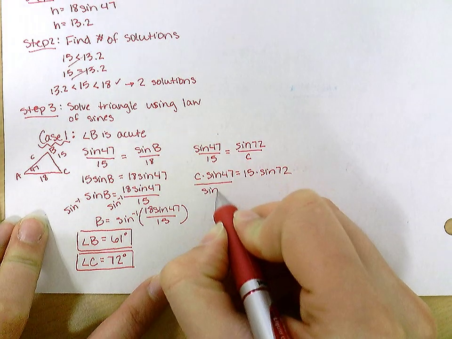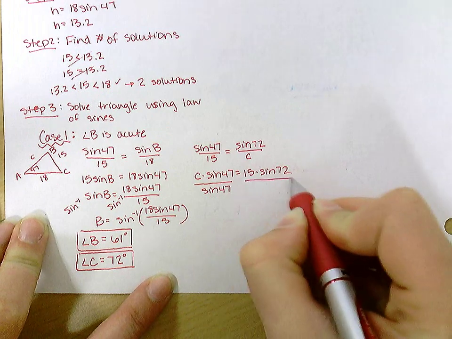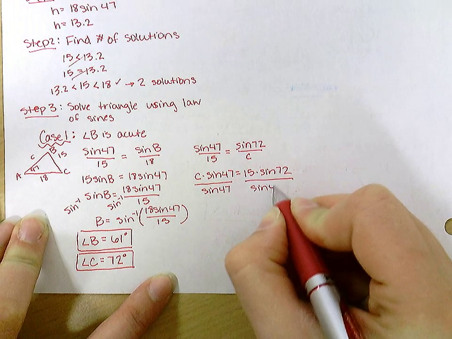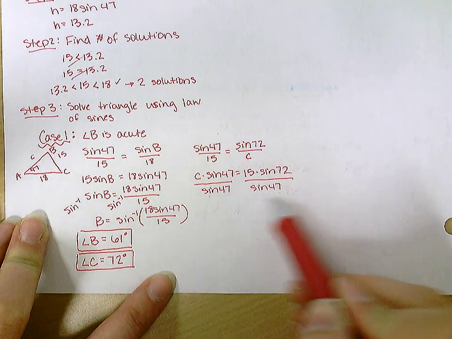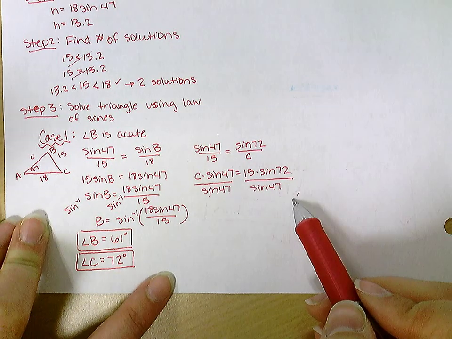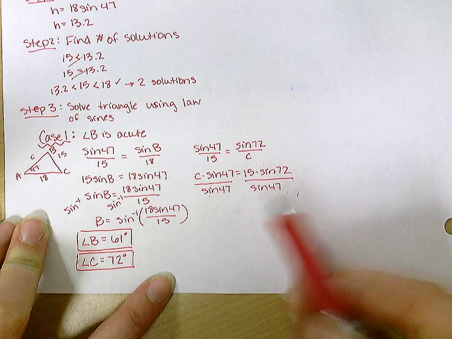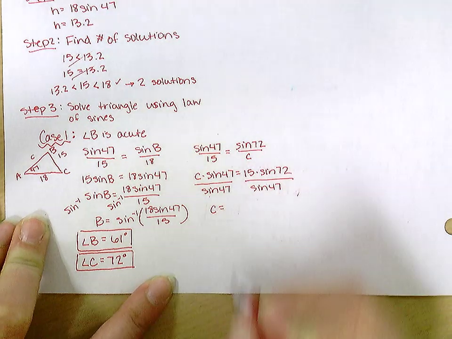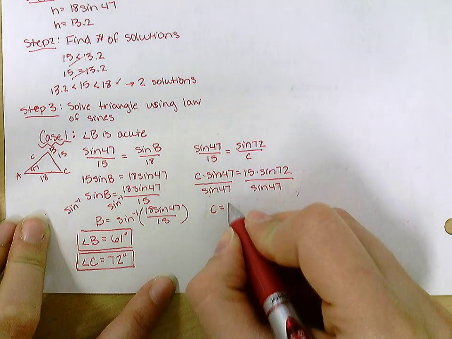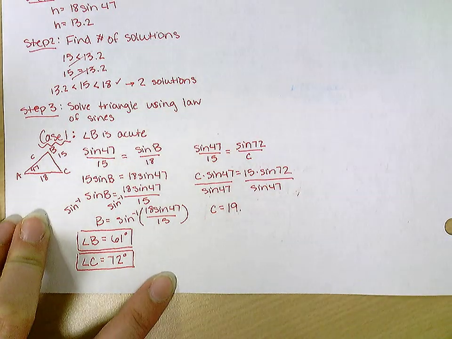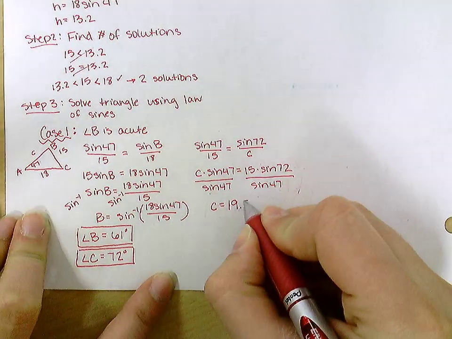Divide both sides by sine of 47, so they cancel here. This is what you'd want to plug into your calculator on the right hand side there. 0.5, yes.